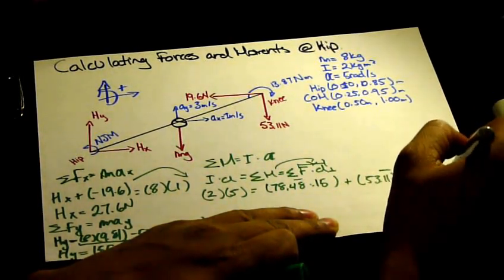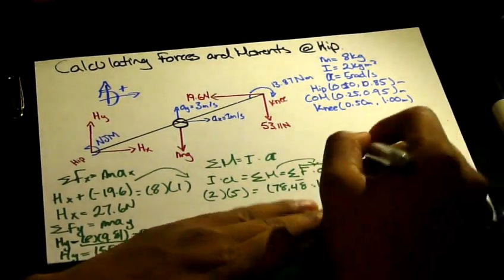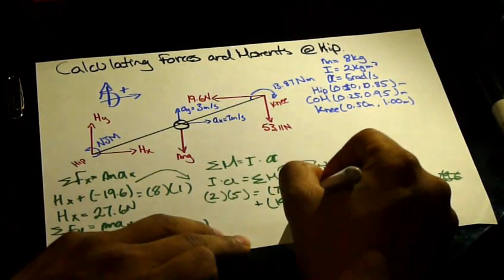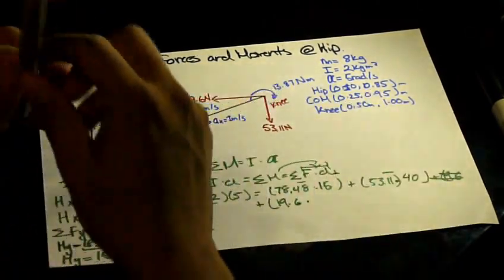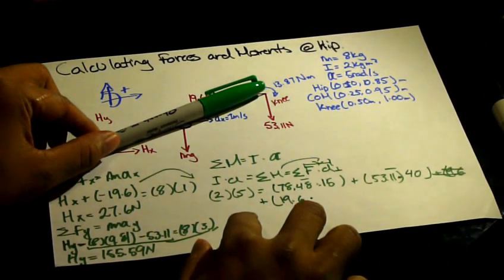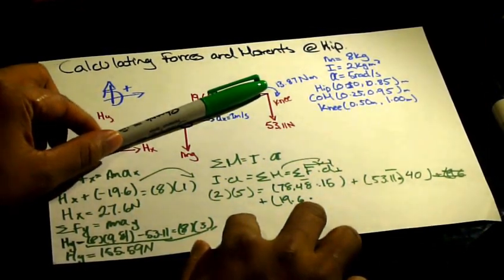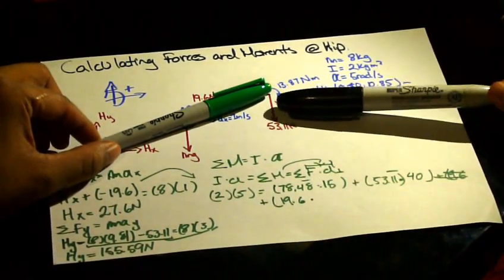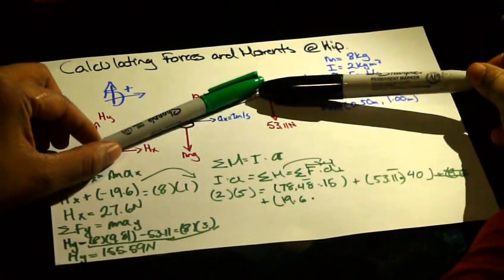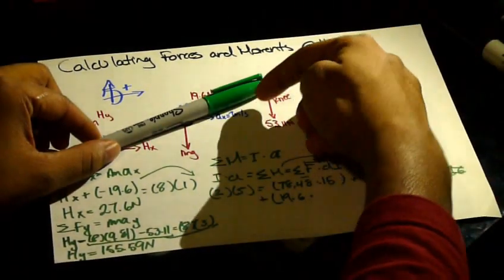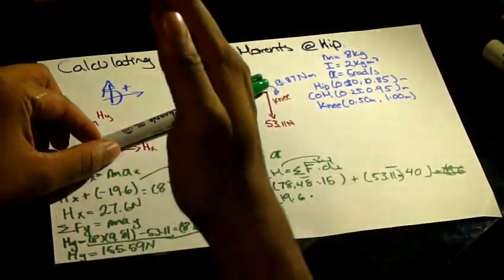So plus 19.6. I'm actually running out of space, so plus 19.6 times, alright, now look at this here. Since the segment is angled like this, and we have another force that's pushing it at the knee like so, creating a positive moment, it's causing it to angularly rotate up counterclockwise, right?